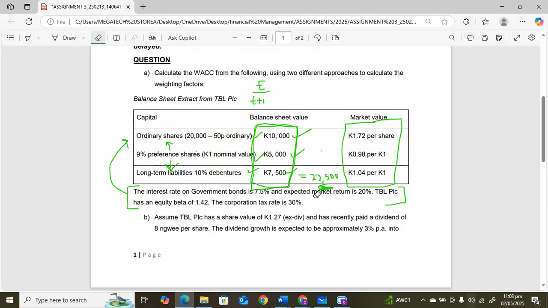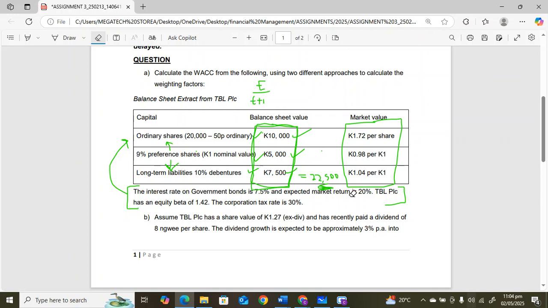This expected market return is the average return you expect if you invest in that stock market. For example, if TBL PLC is in the Lusaka Securities Exchange, there are also other companies in the Lusaka Securities Exchange. So, on average, if you invest in any of those companies, expect a 20% return.